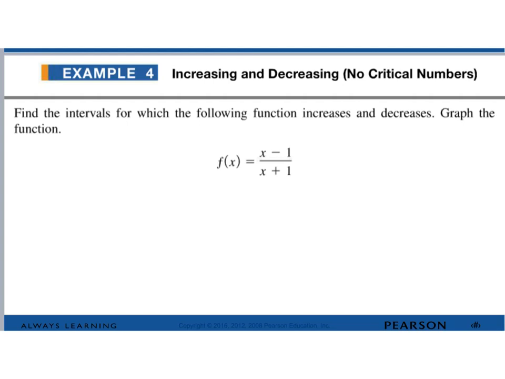Here again, find the intervals for which the following function increases and decreases. If you're going to graph the function, first of all, you would need to know where its asymptotes are. So, to begin with, we realize that f of x is undefined at x equals negative 1. So it would have an asymptote at negative 1. That's a vertical asymptote.